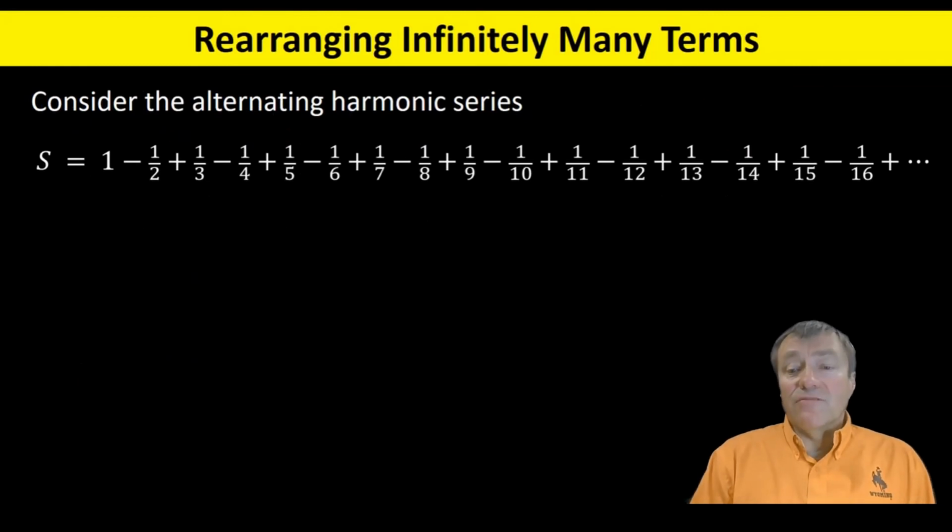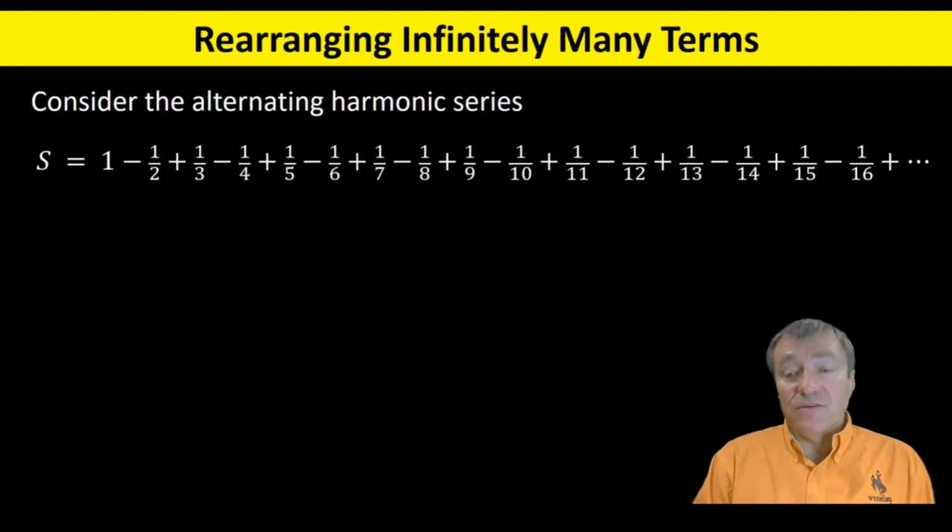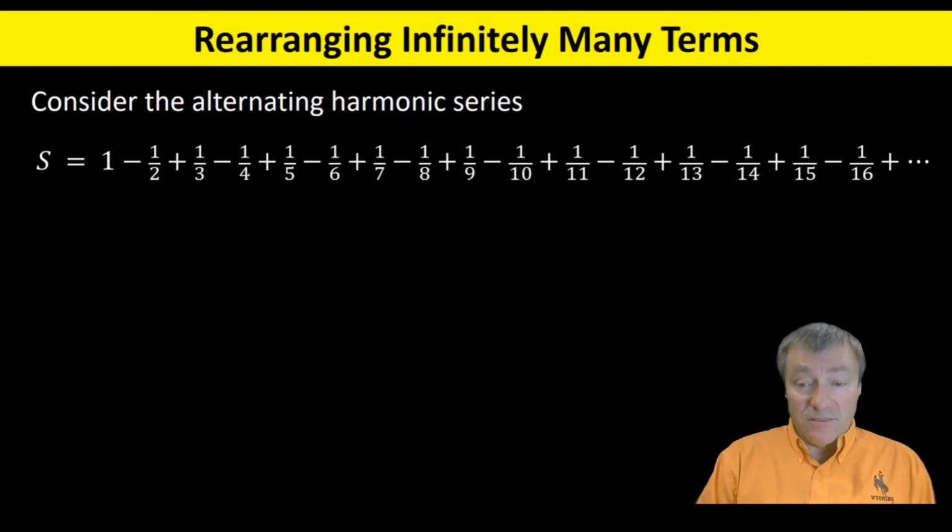So far, we have considered rearrangements which permute only finitely many terms of the series. To see what can happen when you start permuting infinitely many terms, let's consider this alternating harmonic series. I'll call it S. We have gone over the fact that this series converges.